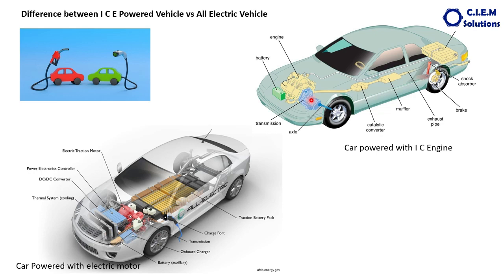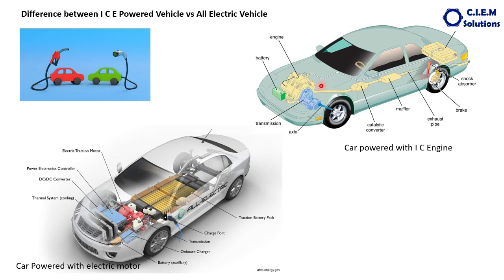After all the engine losses and friction losses in the transmission, differential, etc., the net power available at the wheels of this conventional vehicle will be 20%. In the case of the electric vehicle, the net power available at the wheels will be around 75%. Here it is 20%, here it is 75%.